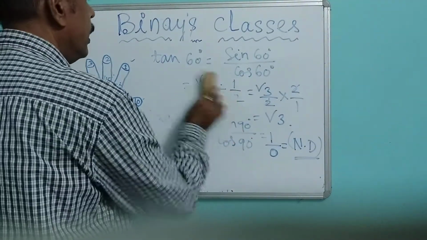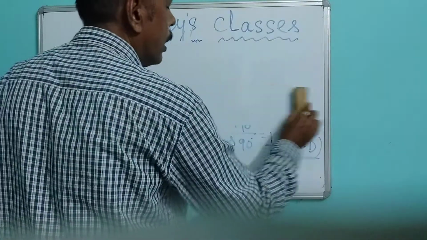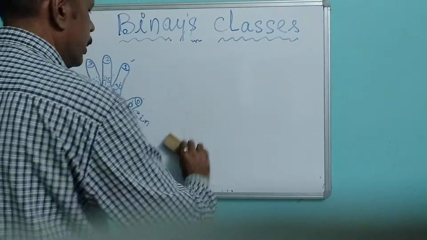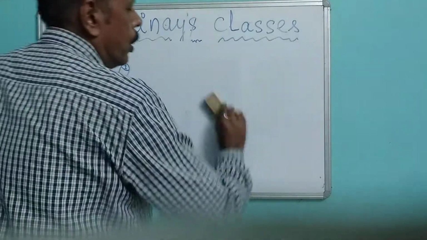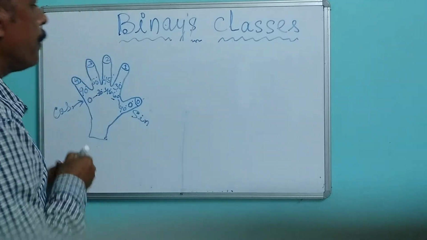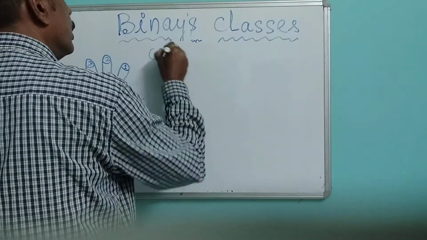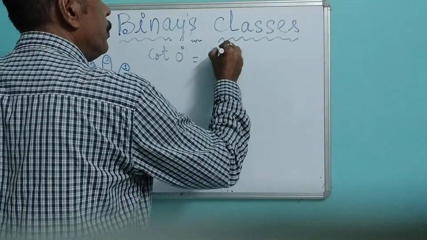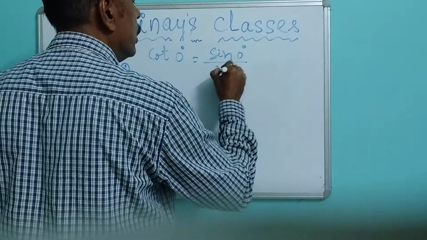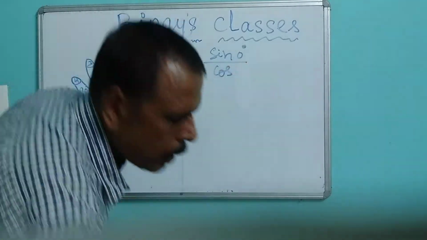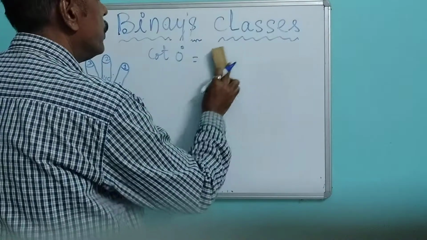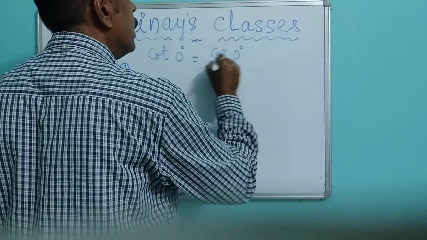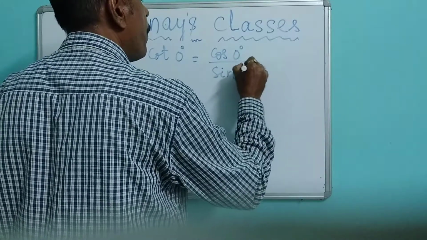Similarly, come to cot 0. Cot theta equals cos theta by sin theta, so cot 0 is cos 0 degree by sin 0 degree.